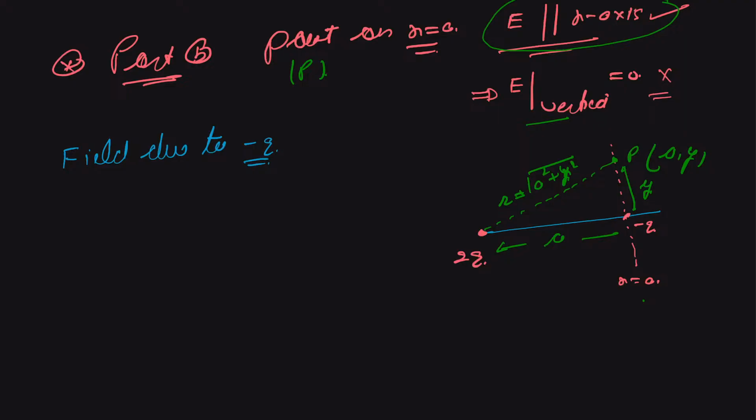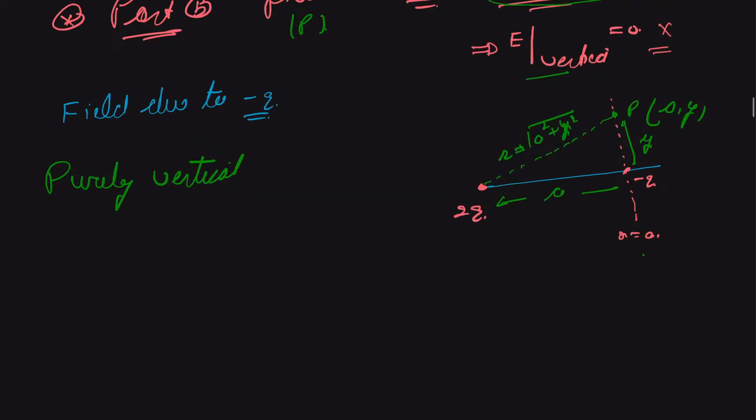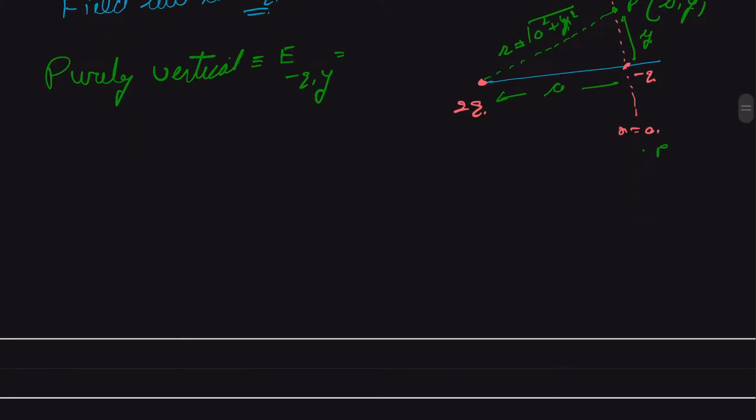And so you can say that purely vertical, let's write this as the electric field due to charge minus q in vertical direction, and it is going to have both values depending upon the point P, if point P is on the positive side or point P is on the negative side. Okay. So we can just write both equations.